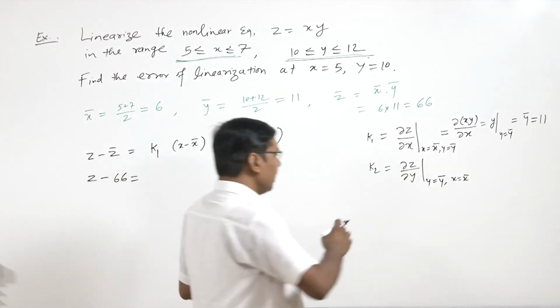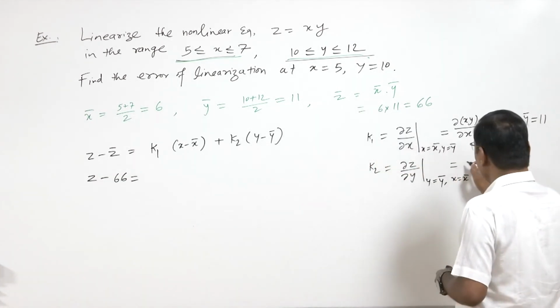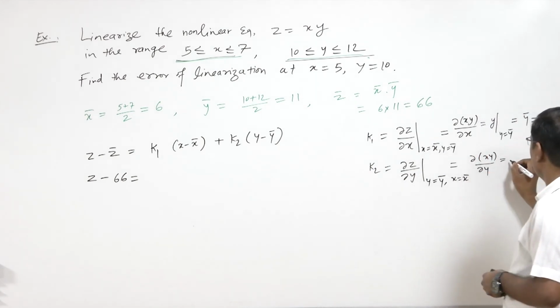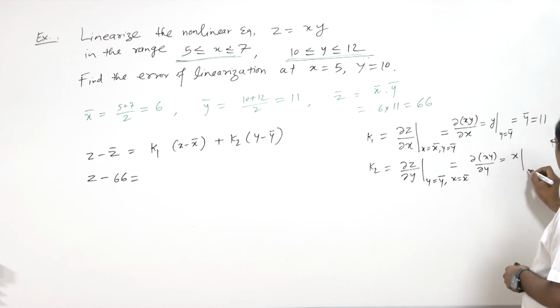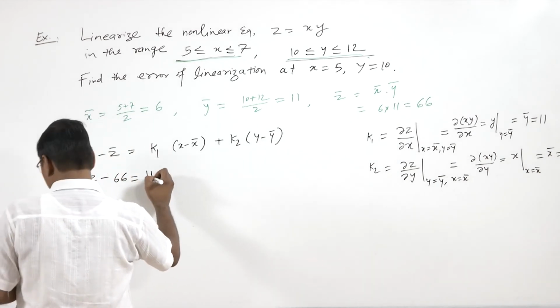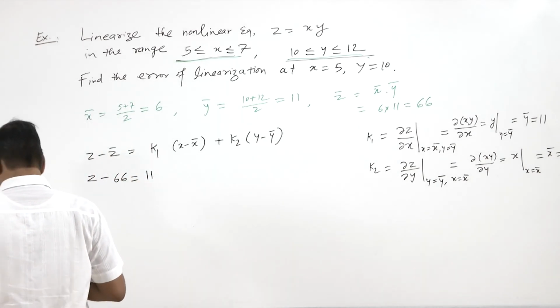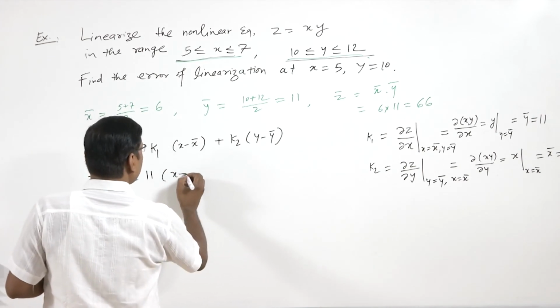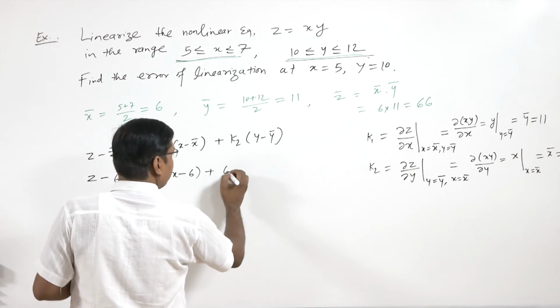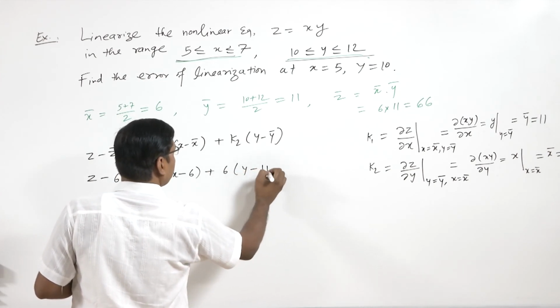Similarly, we can find del z by del y. So, del xy by del y is x, at x equal to x bar, and that is 6. So, we can write here k1 is 11 times (x minus x bar), plus k2 is 6 times (y minus y bar).